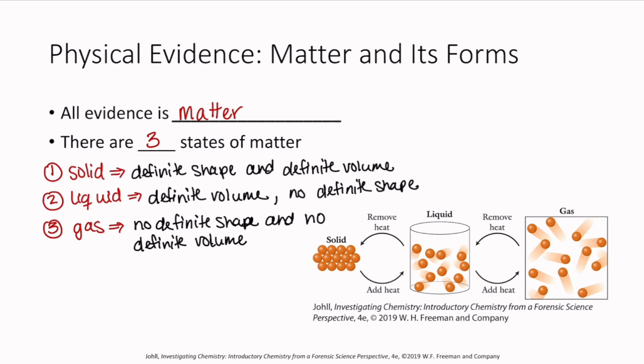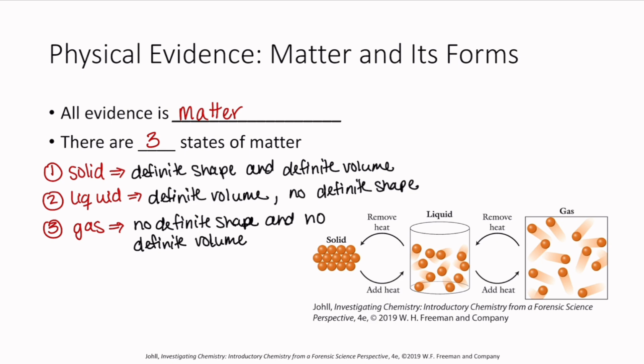So the volume of a gas is going to be whatever container it is in. If you compress your container, then the gas will also compress and the volume and the shape will change. Now, gas particles are much further apart than solid or liquid, and they're moving much faster.